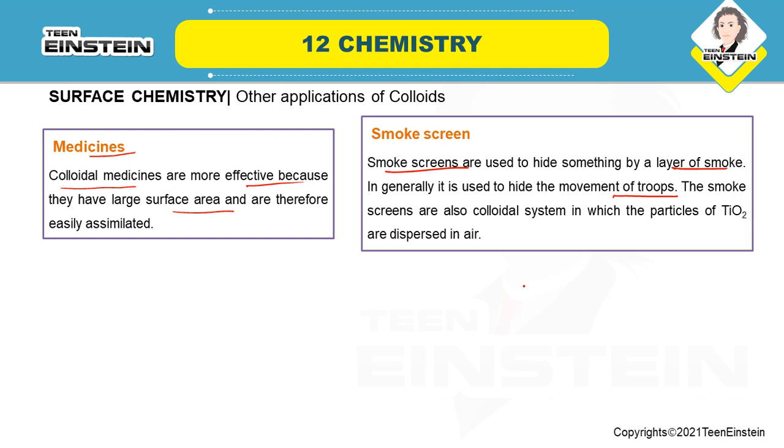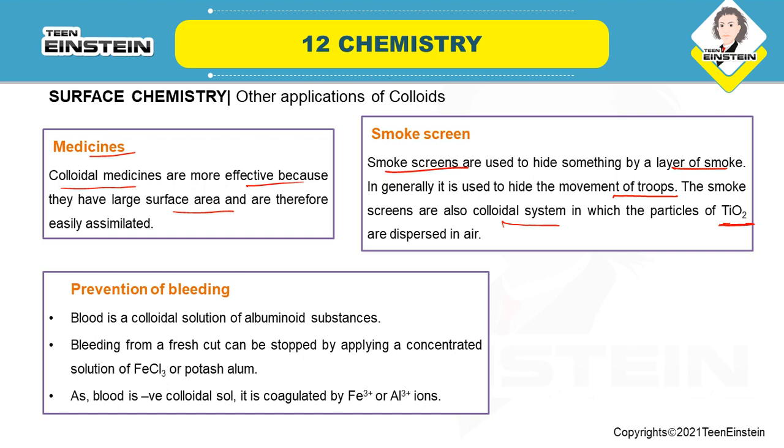This smoke screen is basically a colloidal system, and the particles used are titanium oxide. Here TiO2 is the dispersed phase and it is dispersed in air, so air is the dispersion medium. So the smoke screen is used to hide movement of troops and it is colloidal in nature.